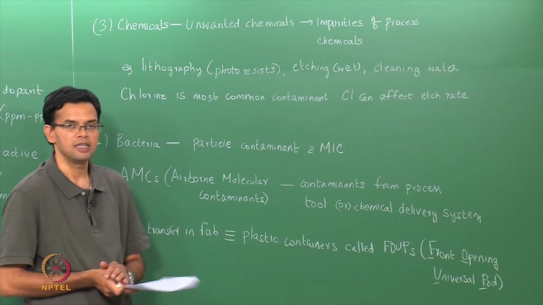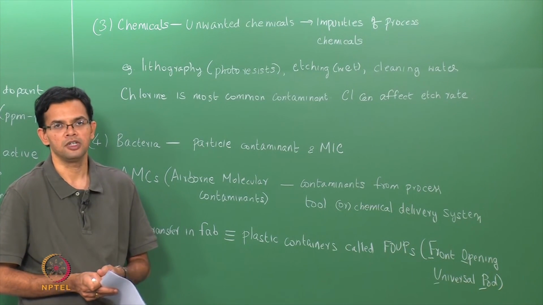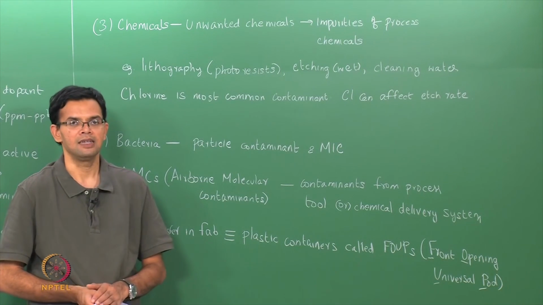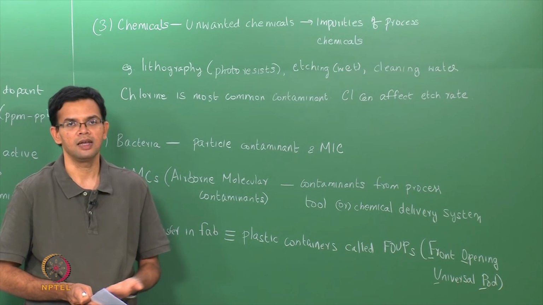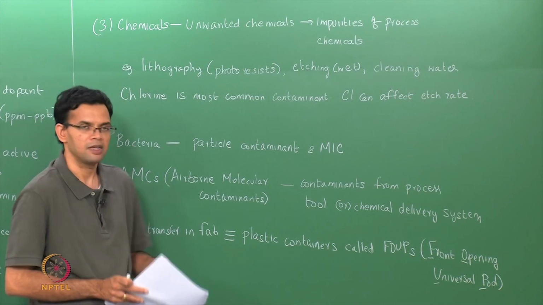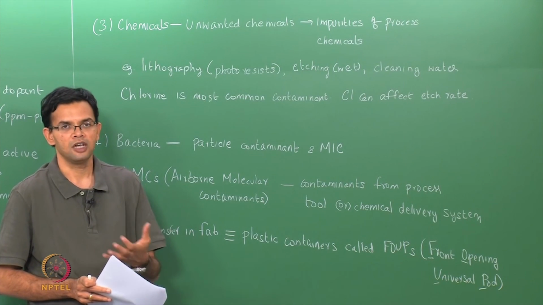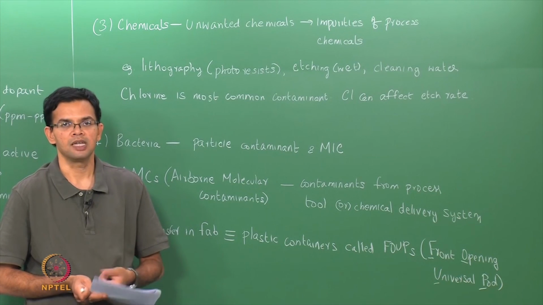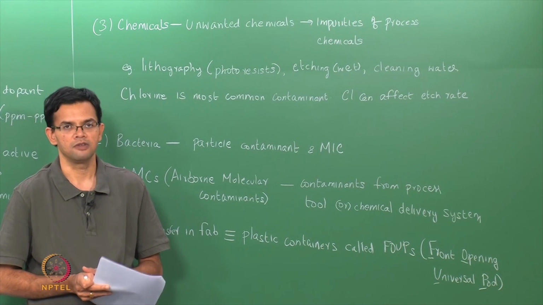So, wafers are essentially stored and transported in these FOUPs, but once again these are plastic containers. So, any outgassing in them can cause airborne contaminants, which can again affect the wafers. If wafers are stored for a long time in these FOUPs, then you will find that there will be some sort of contaminants on the surface.